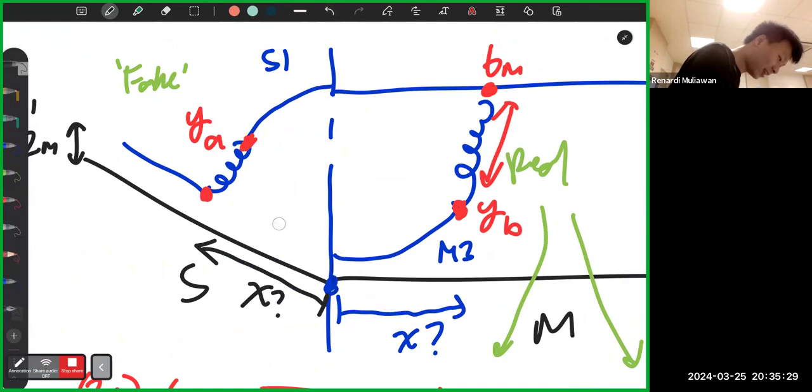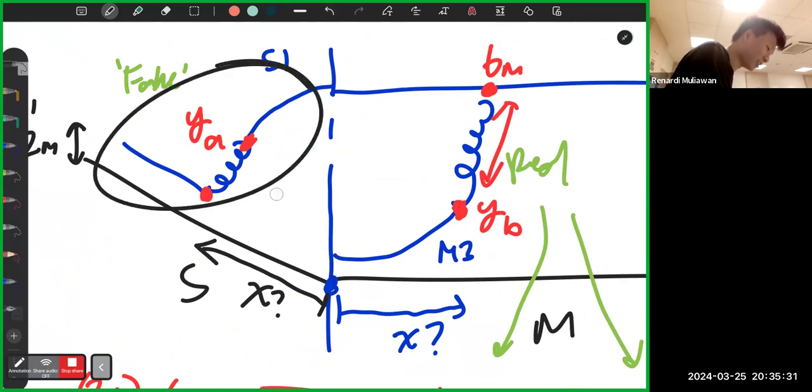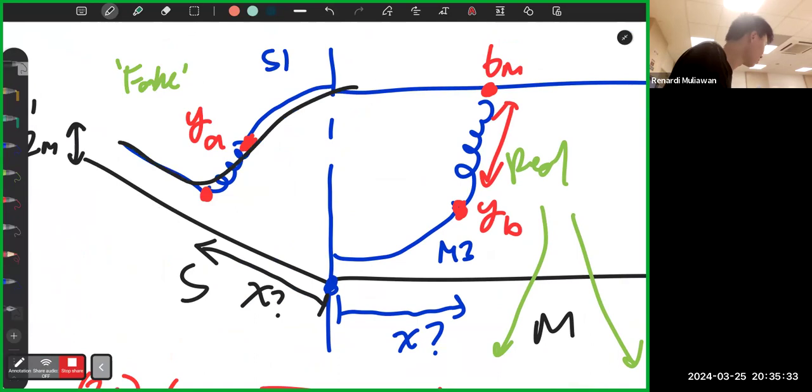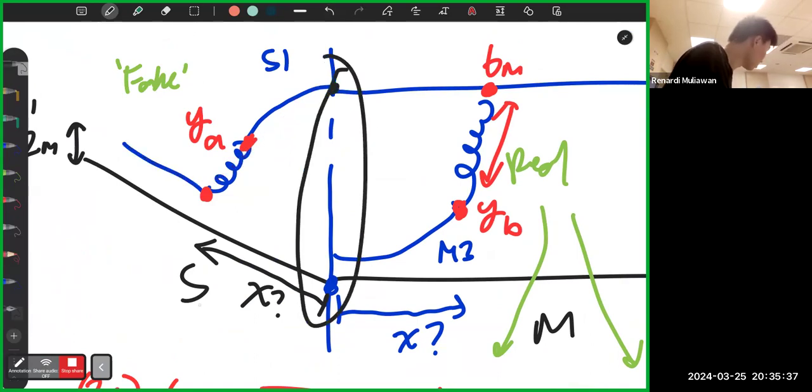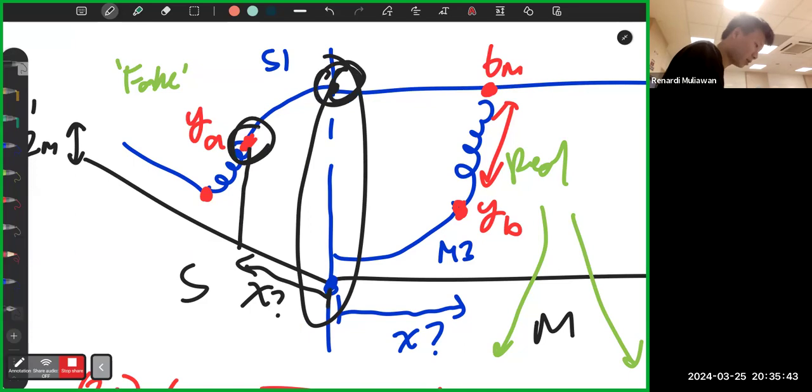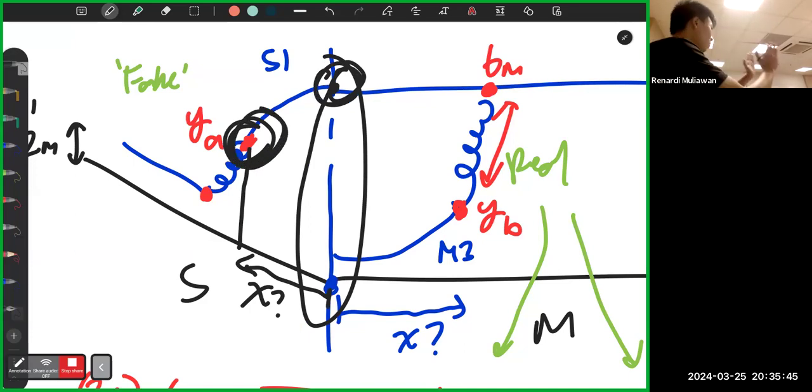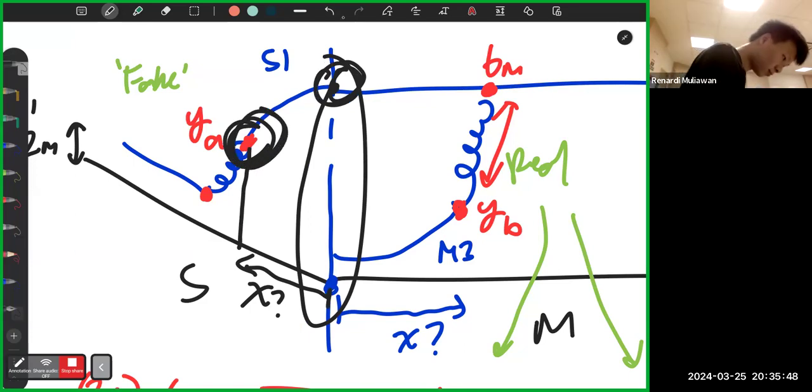If this is the real case, then it should look like this. So the y here is 6 meters. Then the hydraulic jump happens here, so you're finding YA. So 6 meters and YA. That's your distance.